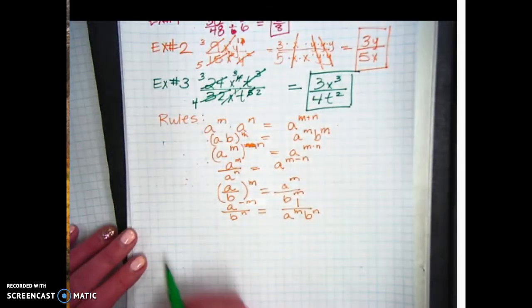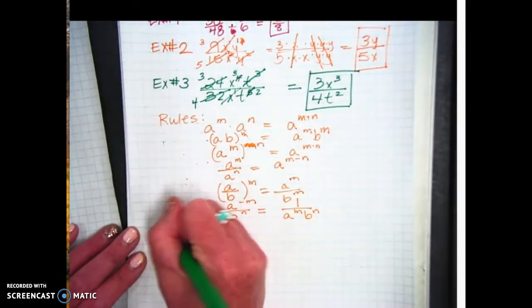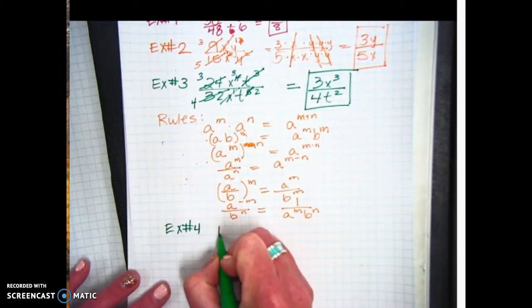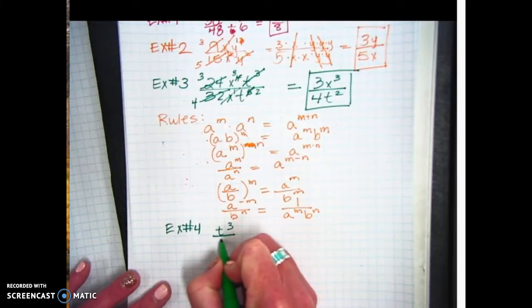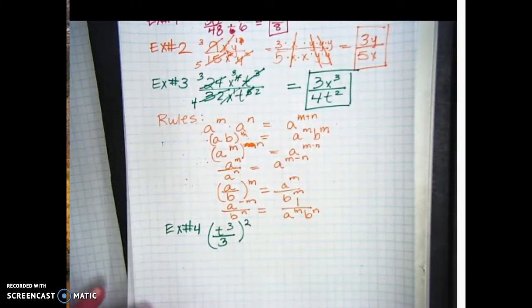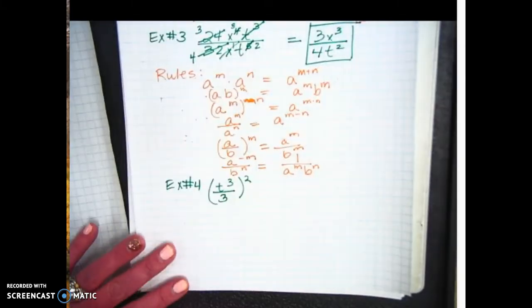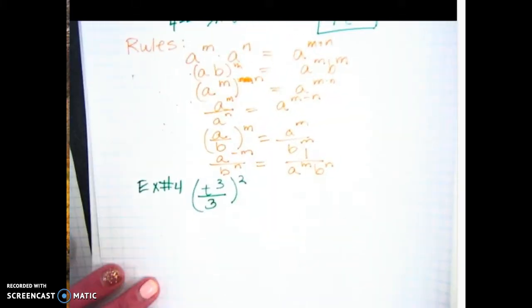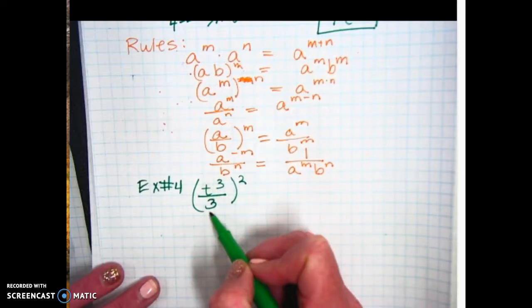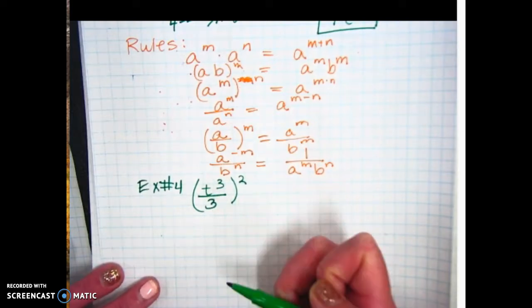Okay. All right. Example number 4. Let's try t to the third over 3, all to the power of 2. Now, this one's pretty easy, but the common mistake is that students will take the numerator to the power but forget to take the denominator to the power as well.